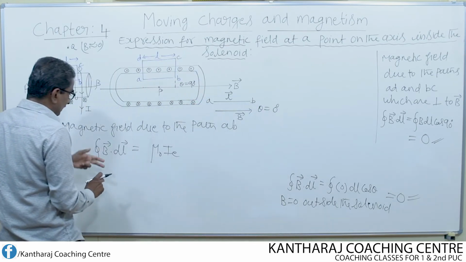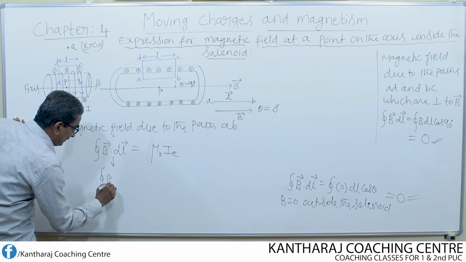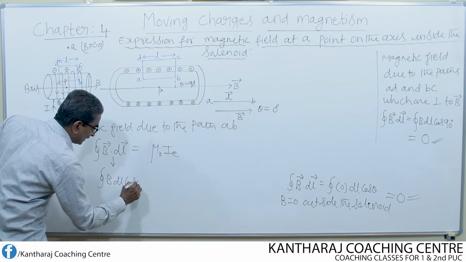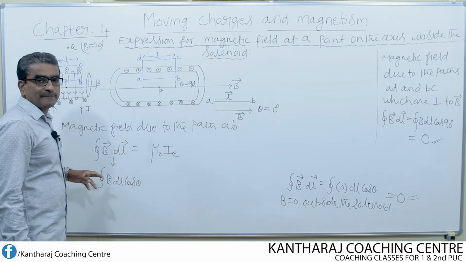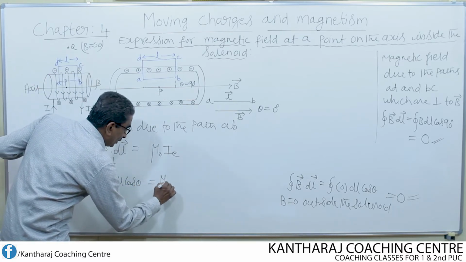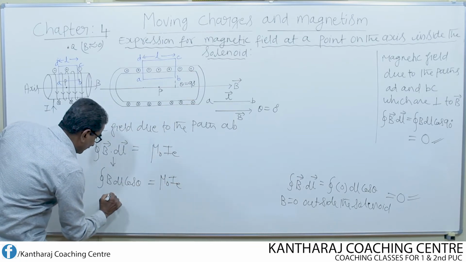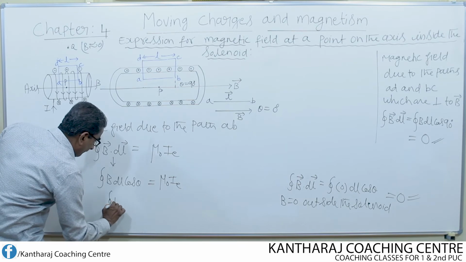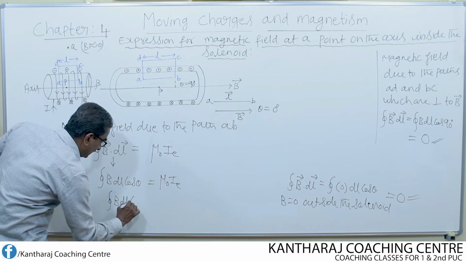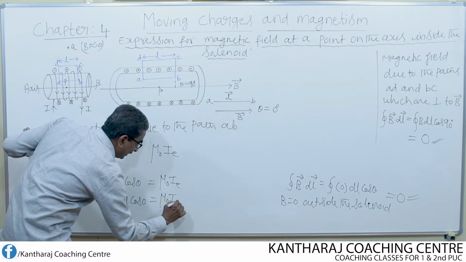Now, if I substitute that, I can write this in this form also: B into dL into cos theta. That means I expand this using the dot product of two vectors, equal to mu naught IE. Then theta is equal to 0 degrees. So it becomes B into dl into cos 0 equal to mu naught into IE.